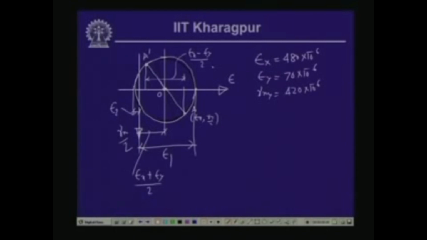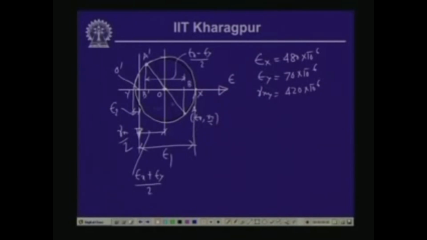Now, if we designate them, let us say this is B, this is B dash, and let us call this O dash, and this as x and this is y.